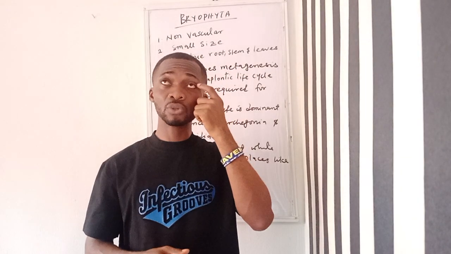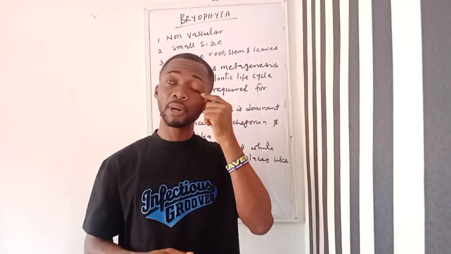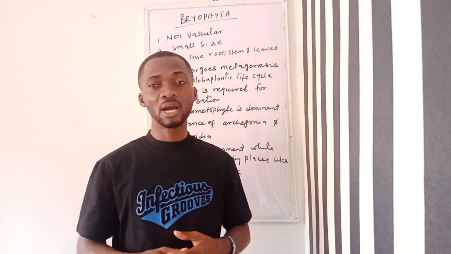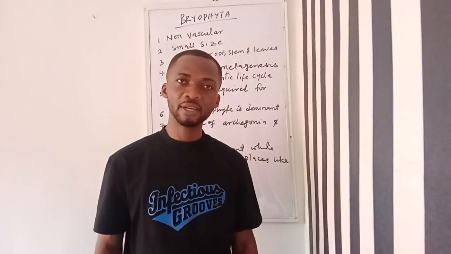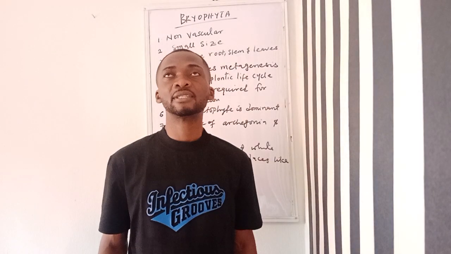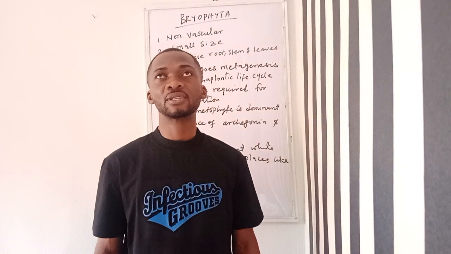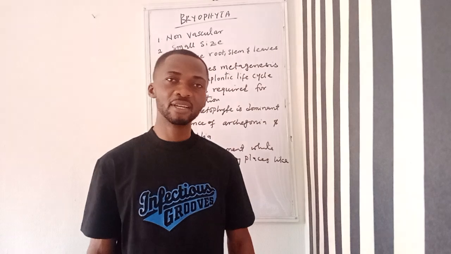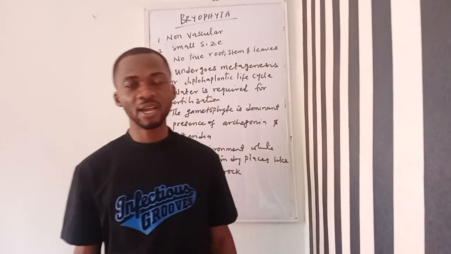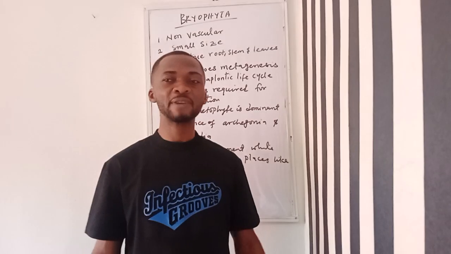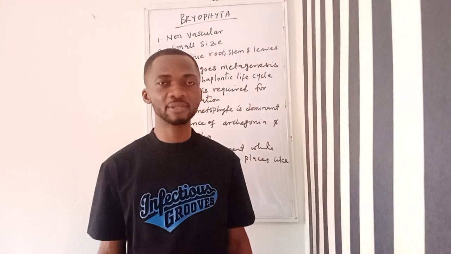So today we want to talk about another organism that is called the Bryophyta. If you can remember what I said about the groups of plants, I said we have 5 different groups of plants.